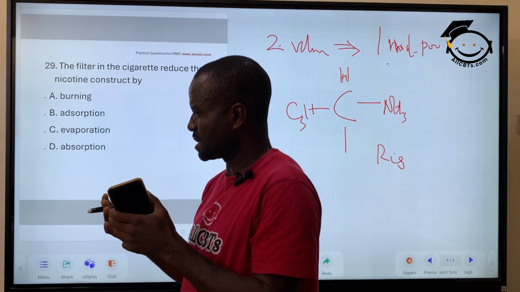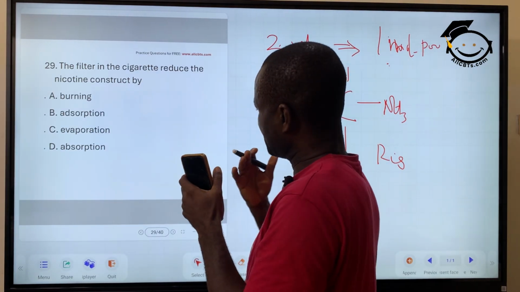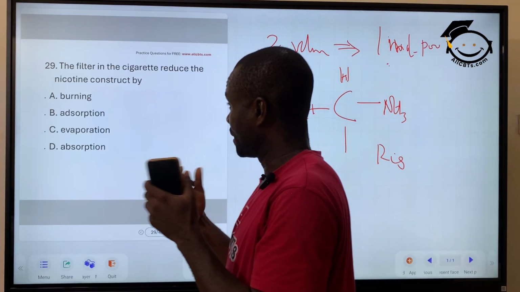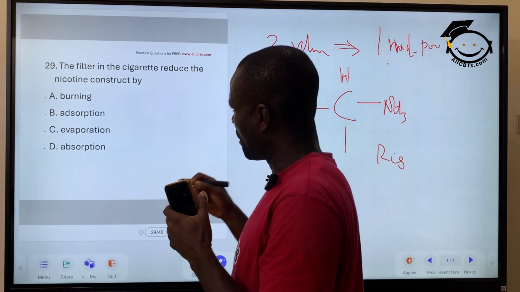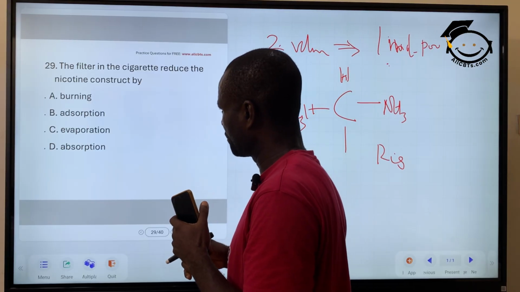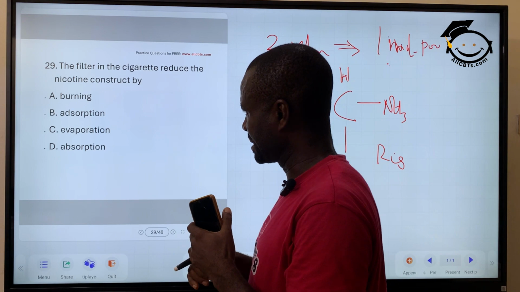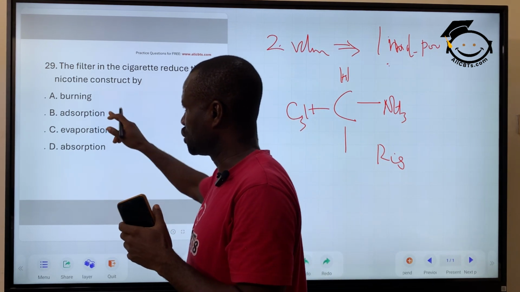What is the term called for the reaction between the butt, which is the cigarette, and the nicotine? Number one, it burns. The nicotine burns the butt, which is the cigarette. No, absorption takes place. Evaporation takes place. Adsorption takes place. The correct answer is adsorption.